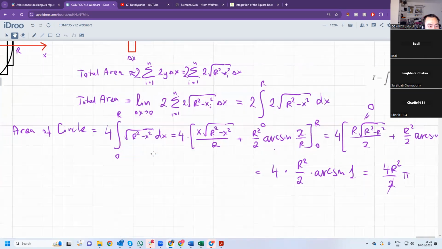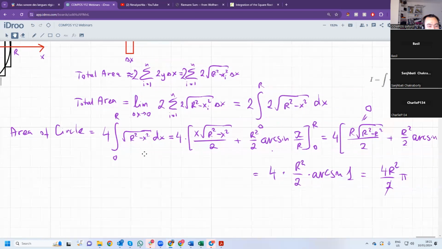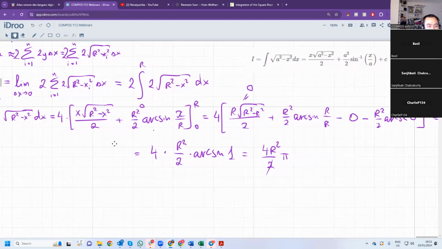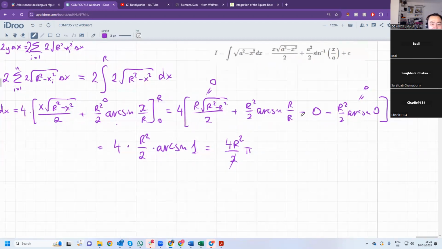I have messed up somewhere. Pi over 2, of course. Arcsine 1 is pi over 2. Okay, small mistake. Arcsine 1 is pi over 2, which makes it, the 2 cancels, pi r squared. A result which shouldn't be of any surprise to you.